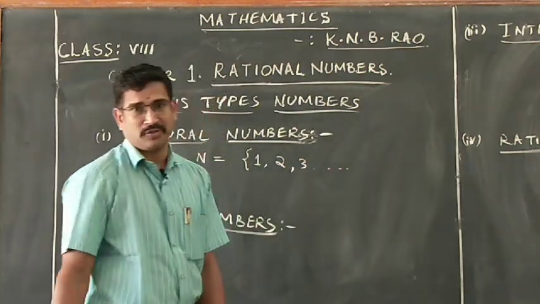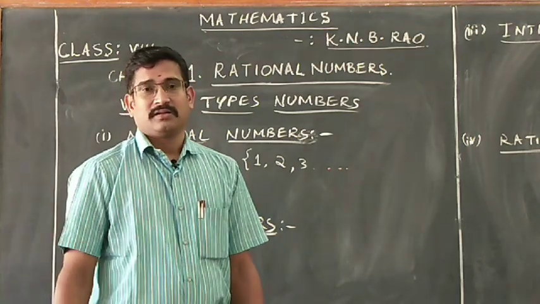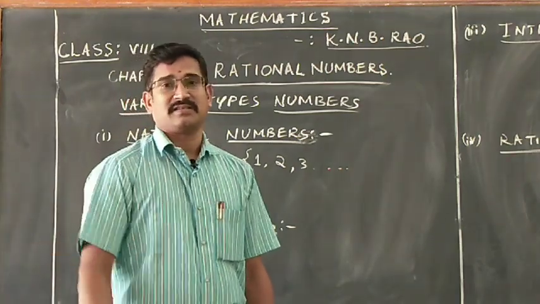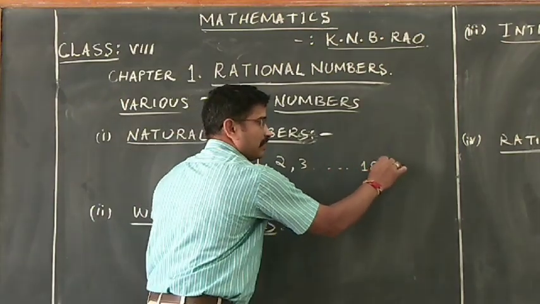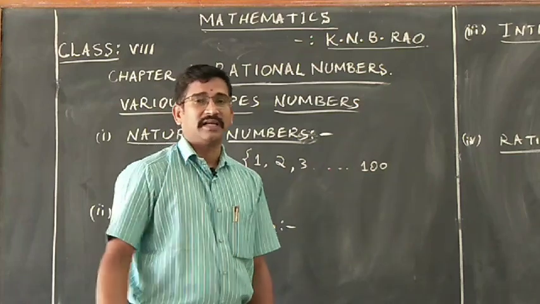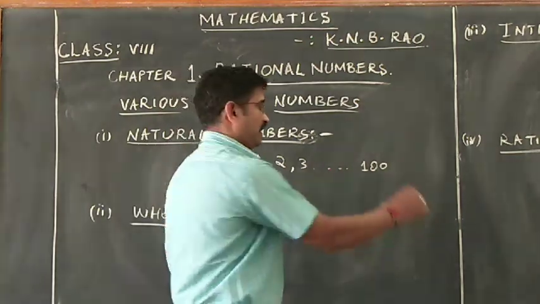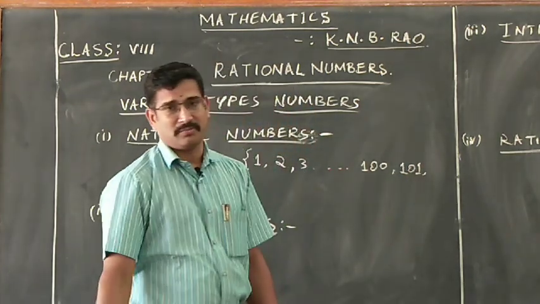Natural numbers are countless in nature because you cannot name a last number. If you say 100 as the biggest natural number, anyone can say one more than that, 101, as the next natural number.